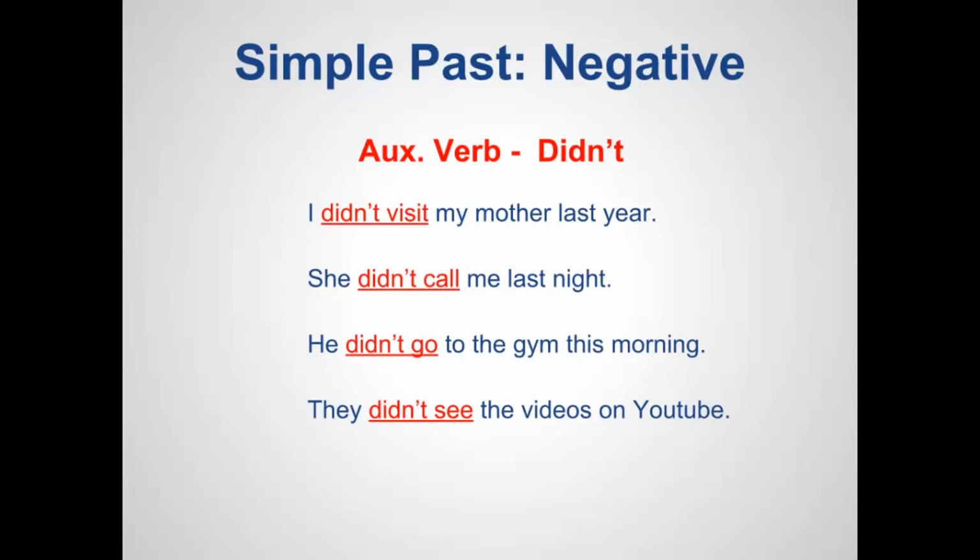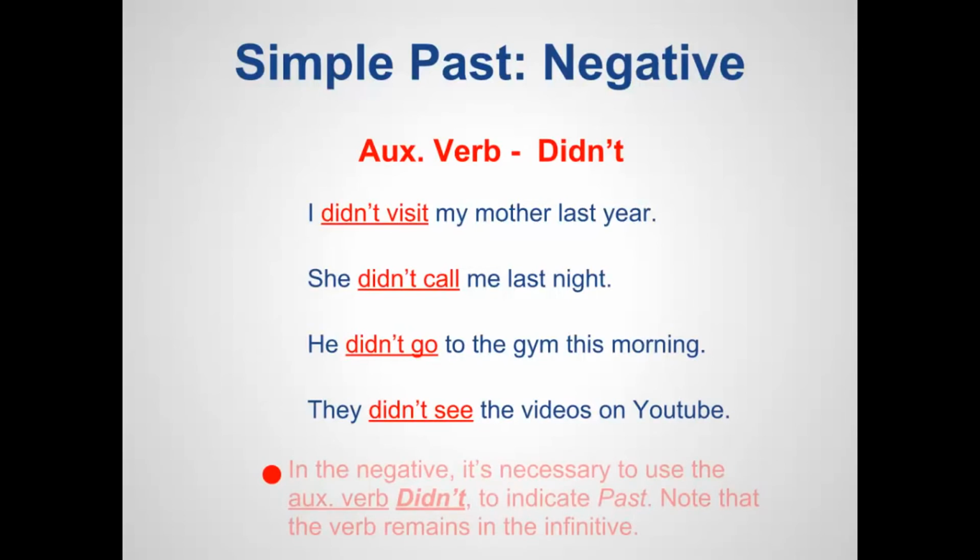You can see that you use the auxiliary verb didn't with regular or irregular verbs. It's not a problem. And you have to pay attention that in the negative, it's necessary to use the auxiliary verb didn't to indicate past. Now pay attention.